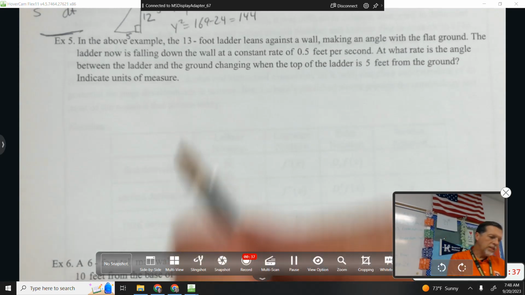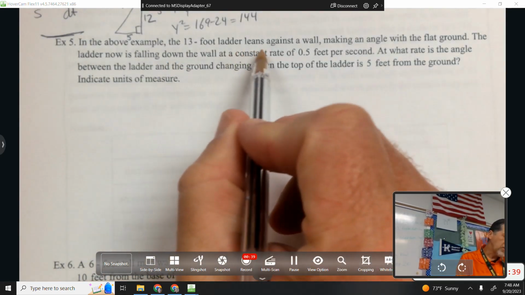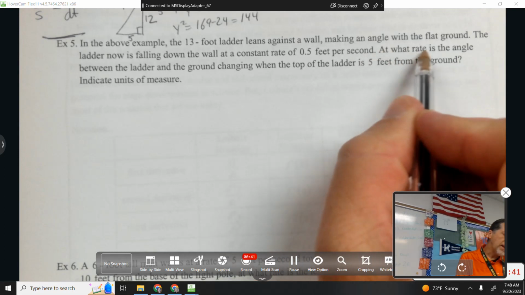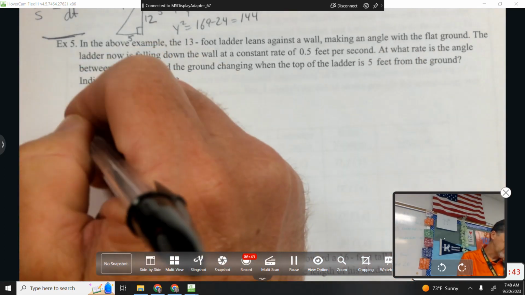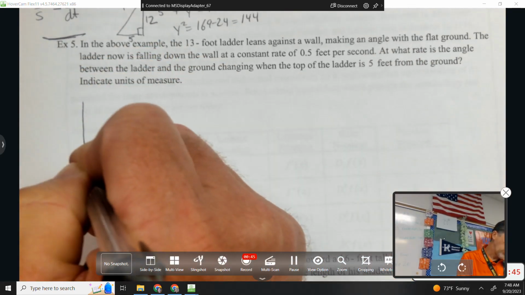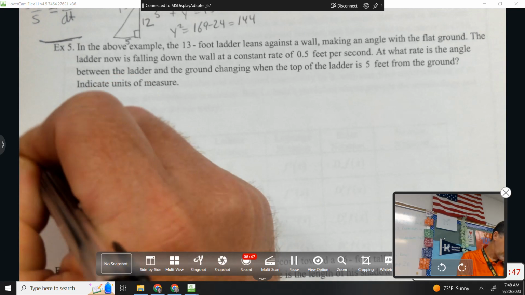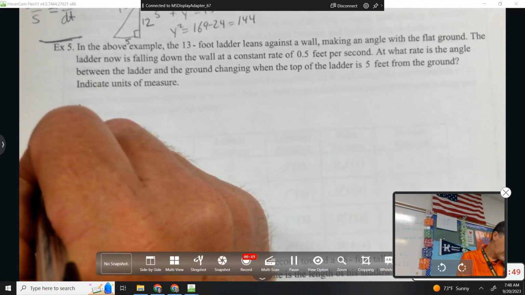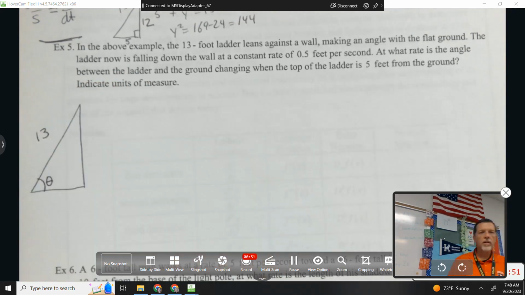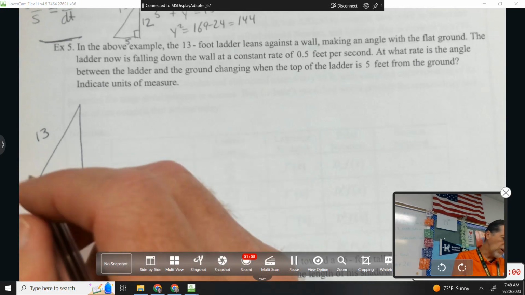In the above example, the 13-foot ladder leans against the wall, making an angle with the flat ground. Okay, so that 13-foot ladder, now there's an angle with the ground. The ladder is now falling down the wall.